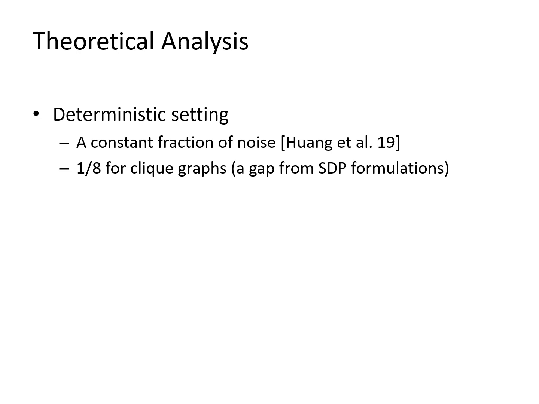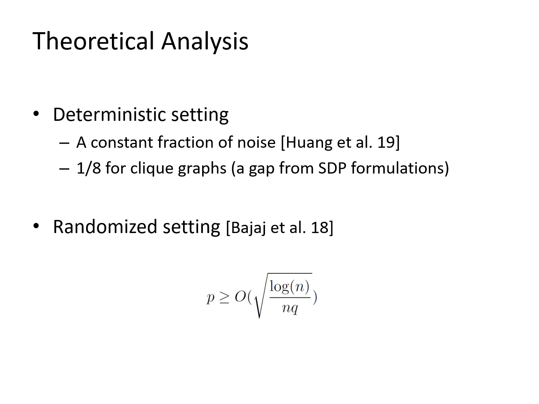Okay, in particular, for adversarial noise, the SDP formulation, which is computationally more expensive than the spectral technique, can on the other hand tolerate more noise. Okay, in terms of the randomized setting, the rates of the spectral map synchronization and SDP based approaches are similar. Okay, but they still differ in terms of a constant.